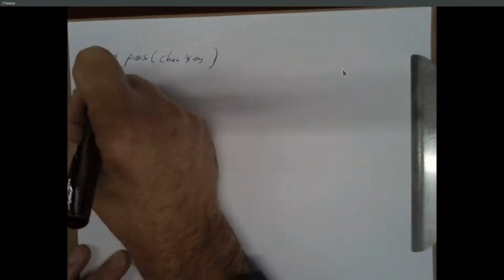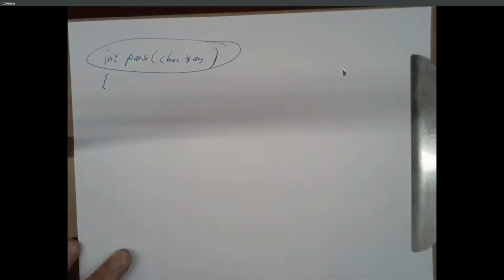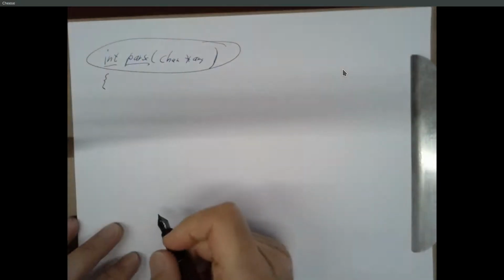We're writing a function called parse, okay? And when we write a function, we have one line that basically sets up what the function is called, what it takes in as arguments, what it returns, and then we have a curly bracket somewhere. So let's just think about this, okay? So parse is the name of the function. It returns an integer. That's pretty straightforward, right? So the argument.